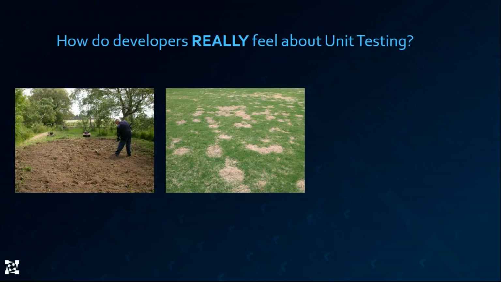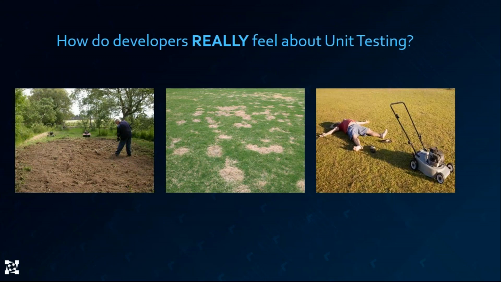I have to make sure that I'm covering all of the parts of the code to know that I'm actually getting benefit from the activity. And then lastly, I've got to maintain it. And to be honest, this is my biggest thing about the garden. I can handle the first two pieces perfectly fine. It's that ongoing mowing of the lawn and making sure that the brown spots don't come back, especially living in Southern California.